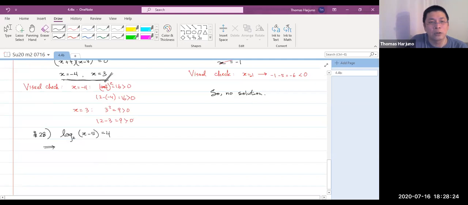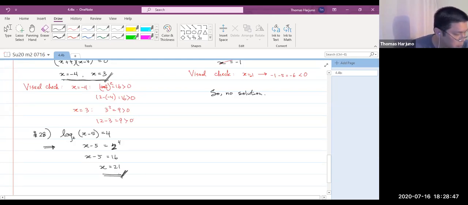Notice that this is logarithmic form, so I change it to exponential form. x minus 5 equals 2 to the 4. So x minus 5 equals 16, x equals 21. And visually, 21 minus 5 in that argument will be positive. So we are fine with this answer, don't cancel it. Just like that, actually.